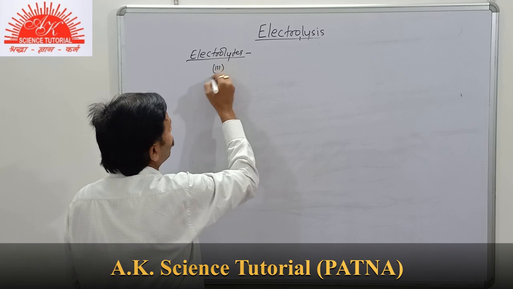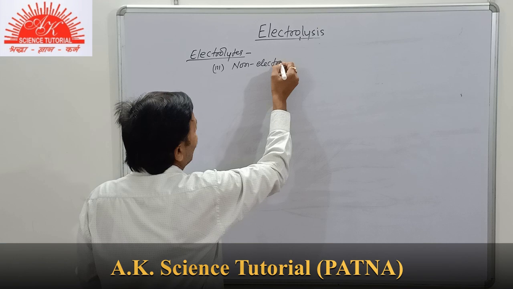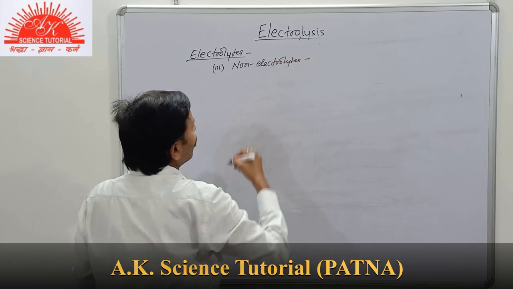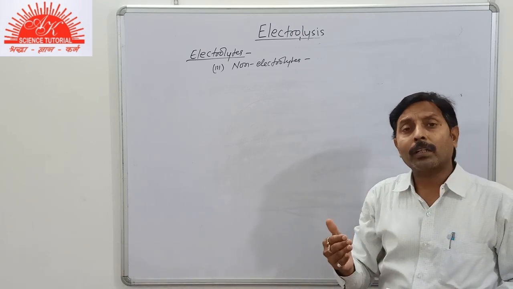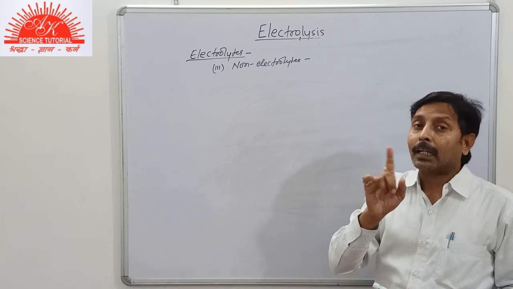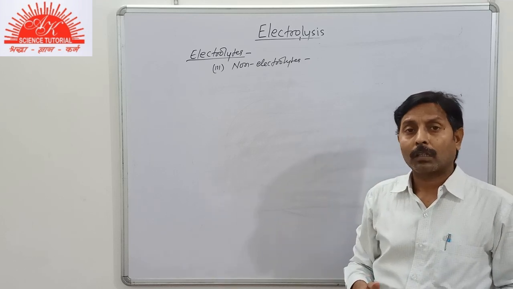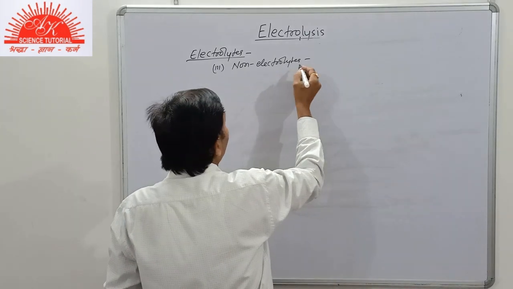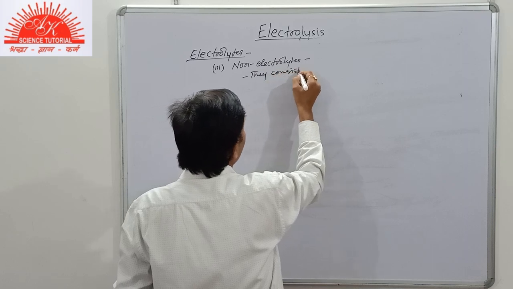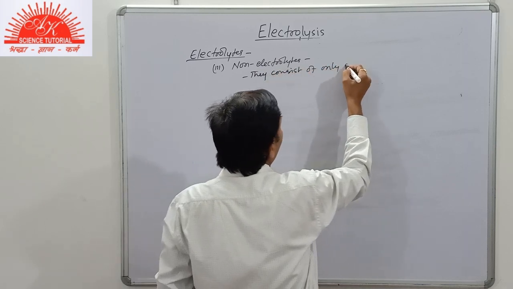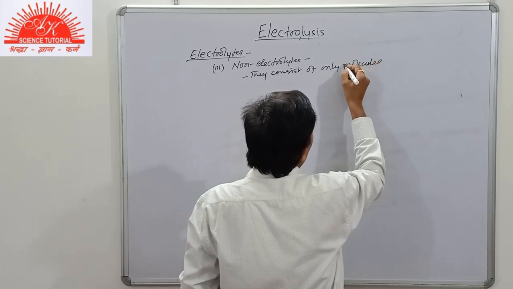Now, third one, that is non-electrolytes. As the name suggests, they will not allow electric current to pass through it. Means they will not ionize or dissociate into ions. So that will be non-polar covalent compounds. They consist of only molecules.